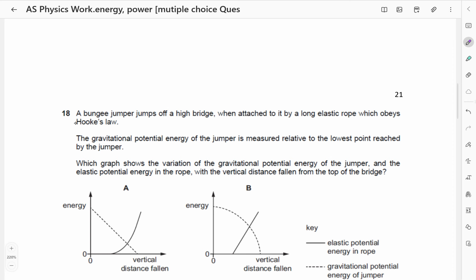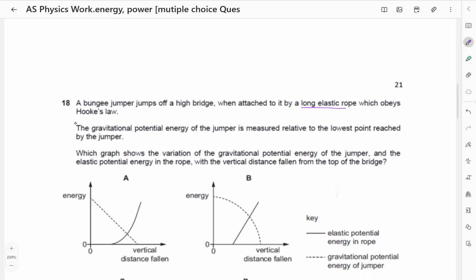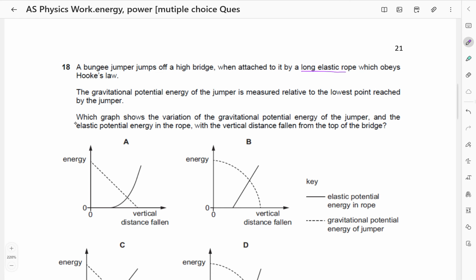A bungee jumper jumps off a high bridge when attached to it by a long elastic rope which obeys Hooke's law. The gravitational potential energy of the jumper is measured relative to the lowest point reached by the jumper.